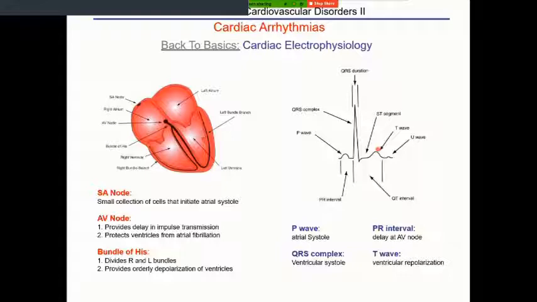So after the ventricles have contracted, there's a period of repolarization represented by your T wave. And these are the usual phases of your cardiac cycle that are represented in your ECG tracing.